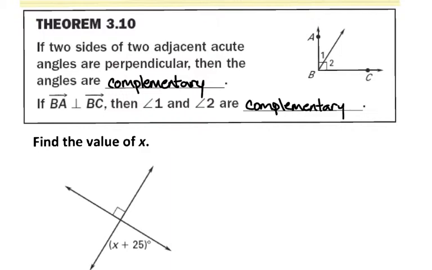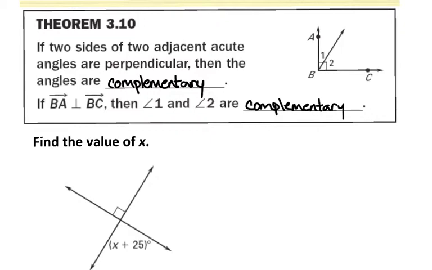If you add up these two angles, knowing that AB and BC are perpendicular to each other, they're going to add up to 90 degrees. And two angles that add up to 90 degrees are complementary angles, as we learned in a previous section.